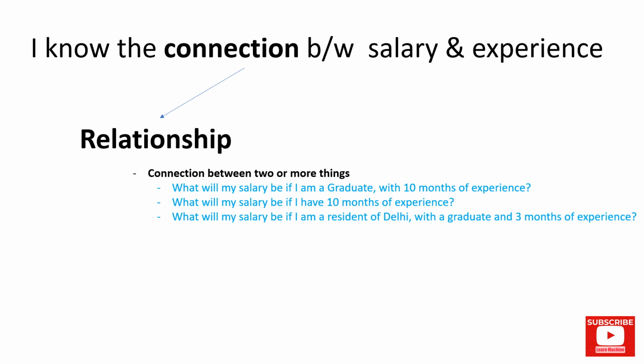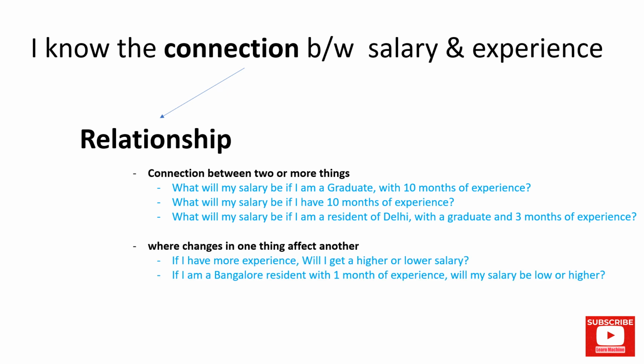Now this is one aspect of relationship, that is the number of variables. There is one more aspect. What will be the change in my dependent variable if my independent variable is changed? Or if one variable is changing, how will it impact the other variable?